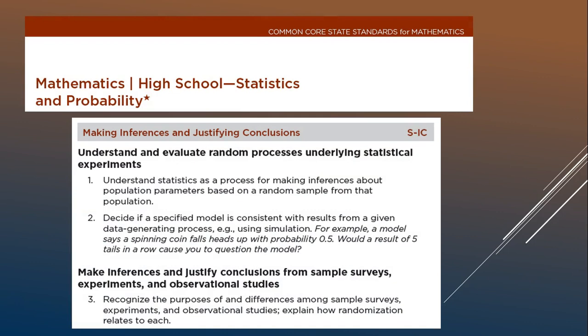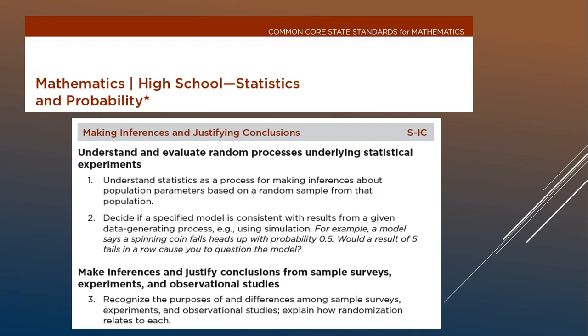Now, we said that statistics and probability are first introduced in the 6th grade, but the ideas that are first developed in 6th grade are actually carried all the way through high school. So if you take a look at these standards for high school statistics and probability, you're going to notice a lot of the same topics that you saw in 6th grade.